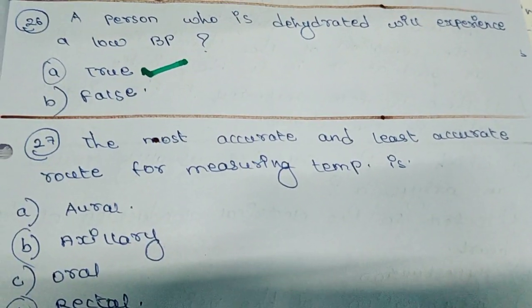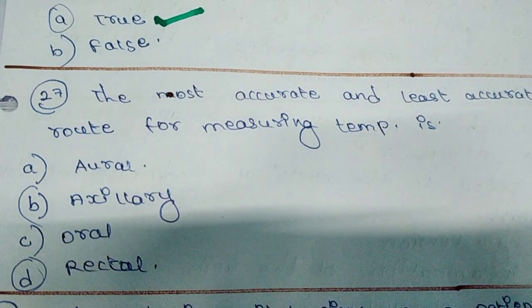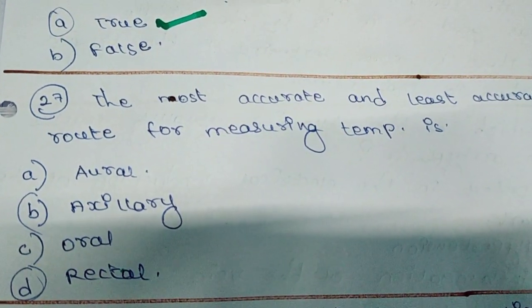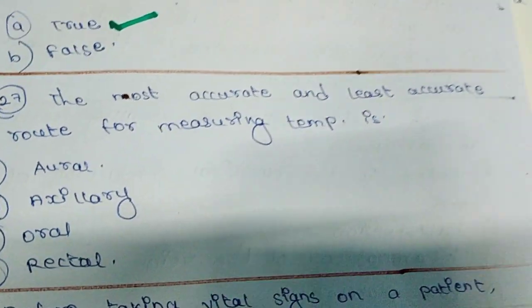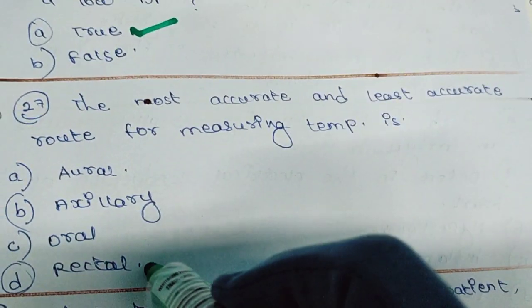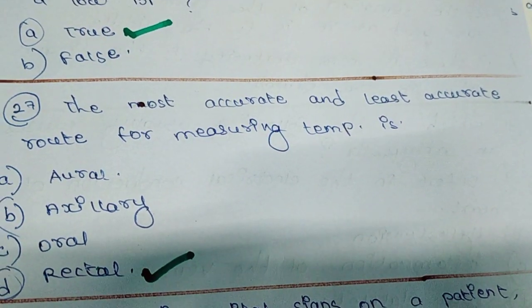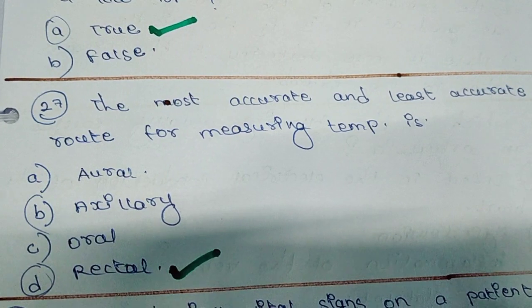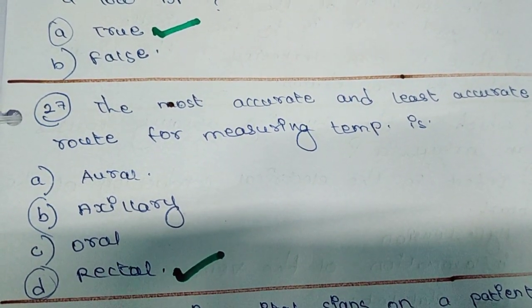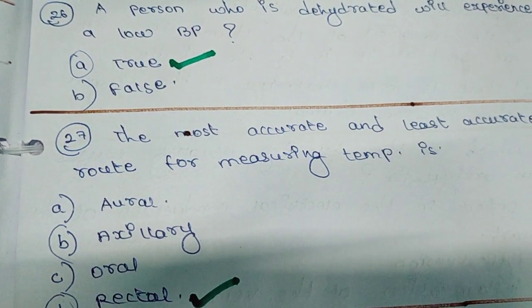The most accurate and least accurate route for measuring temperature. As we all know, we can measure temperature orally, rectally, axillary or tympanic. So there are different routes to measure the body's temperature. Which is the most accurate one? Most accurate is rectal, but it is not regularly practiced, because of hygiene, chances of rectal perforation and discomfort the patient can have, and it can cause decreased heart rate.